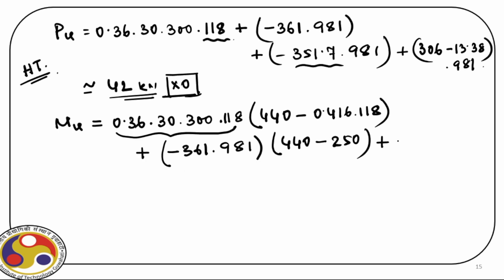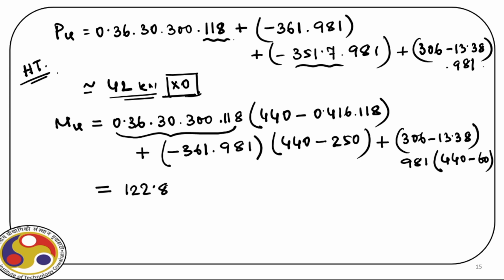Plus we have another layer which is 306 minus 13.38 times 981 times 440 minus 60. So if you solve this, you will ultimately get 122.87 kilonewton meter. So that is the sectional capacity.